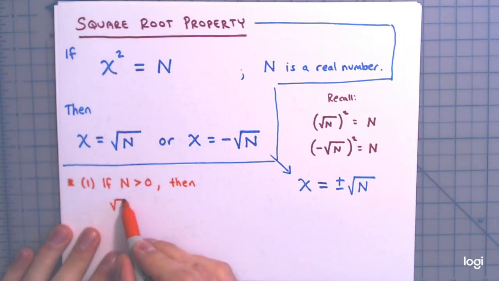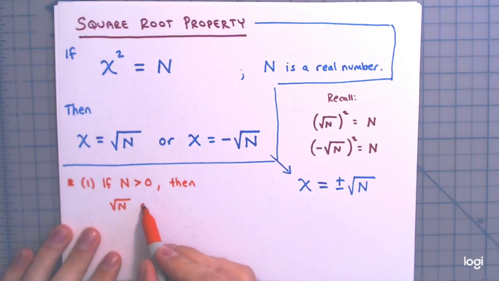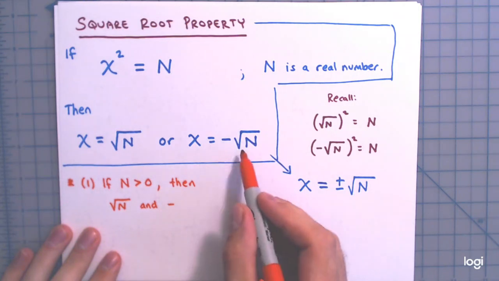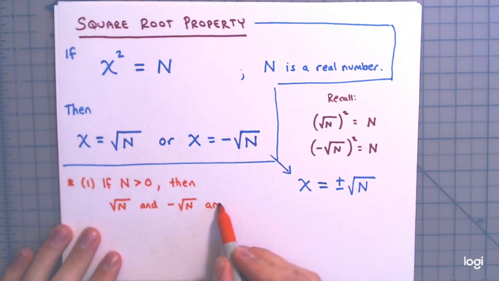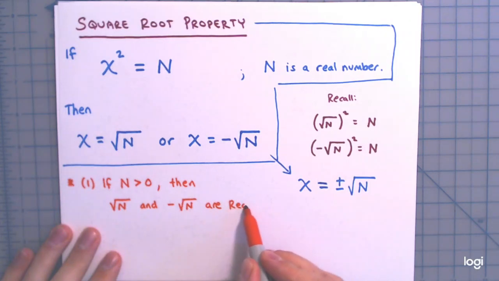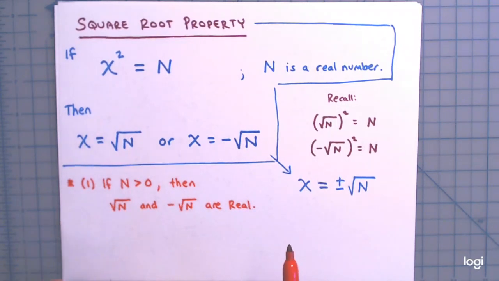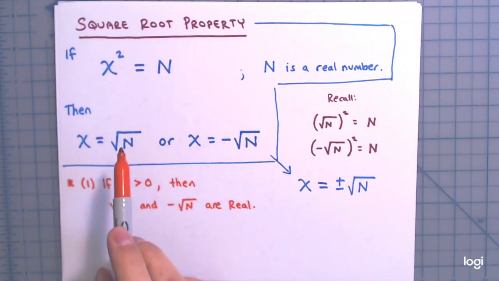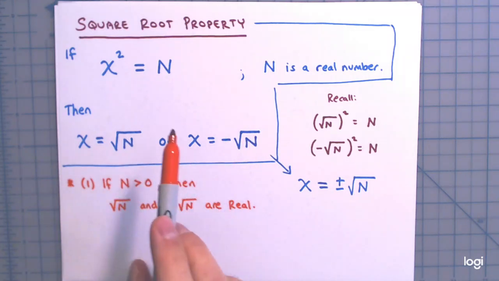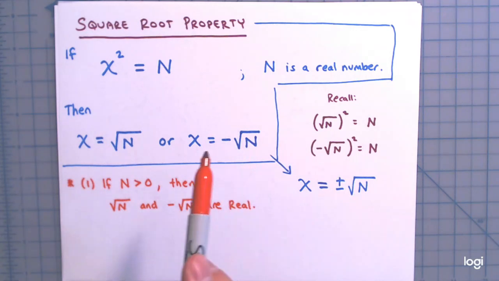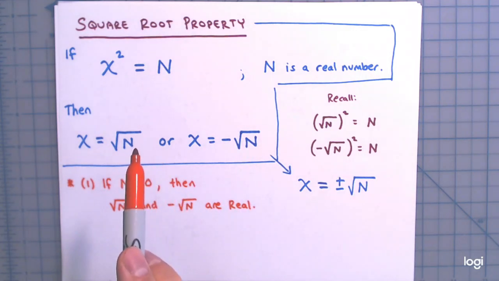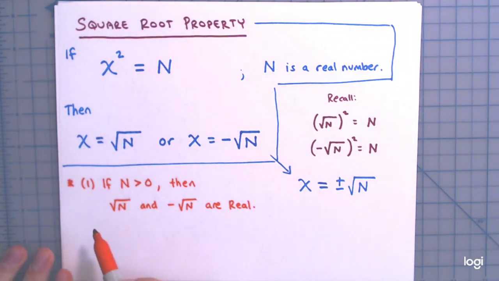So we'd have two real solutions to this equation if n is a positive number, since we'd be taking the square root, an even root, of a positive number, which is real.